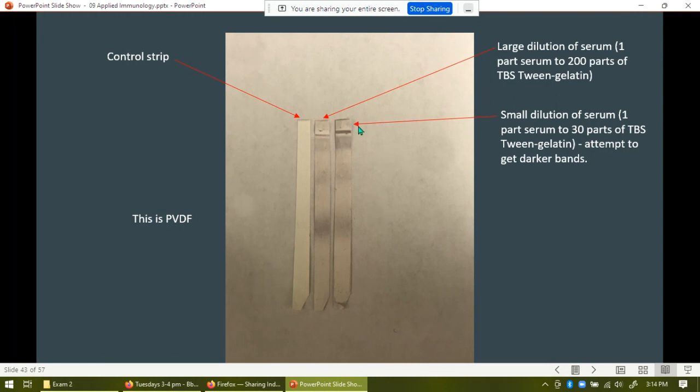So this is like a 1 to 30 dilution of serum to TBS tween gelatin, and you can see anywhere there's dark bands, that is a positive antibody antigen interaction. Okay, so this is what the Western looks like when you're done with it. You usually cut it into strips so that you can use your reagents more efficiently, because PVDF comes in big sheets of paper. You cut those into strips for this purpose.